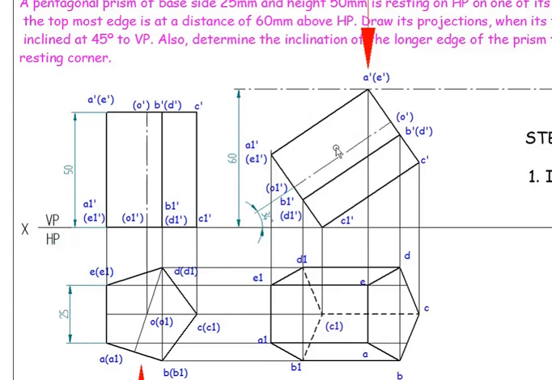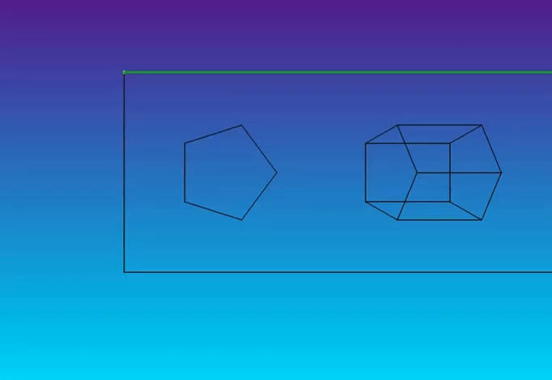After projecting all this, we are going to project the axis line. I'm going to project this O dash till this point and from here till this point. So this point is the top face.